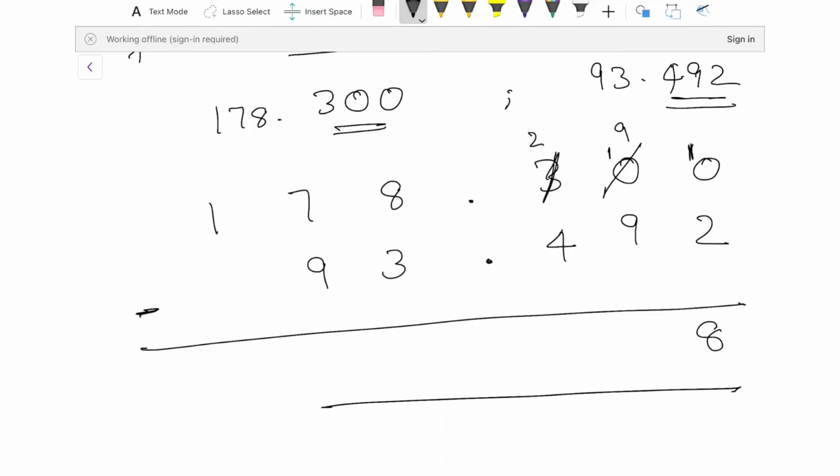So 10 minus 2 is 8, 9 minus 9 is 0, 2 minus 4 you cannot do it, so 7 becomes 12, 12 minus 4 is 8, point becomes point, 7 minus 3 is 4, 7 minus 10 you cannot do it, so 1 gives away here, and 17 minus 9 is 8, and here it is 0. So the answer is 84.808. This is how you can do addition and subtraction of decimals.